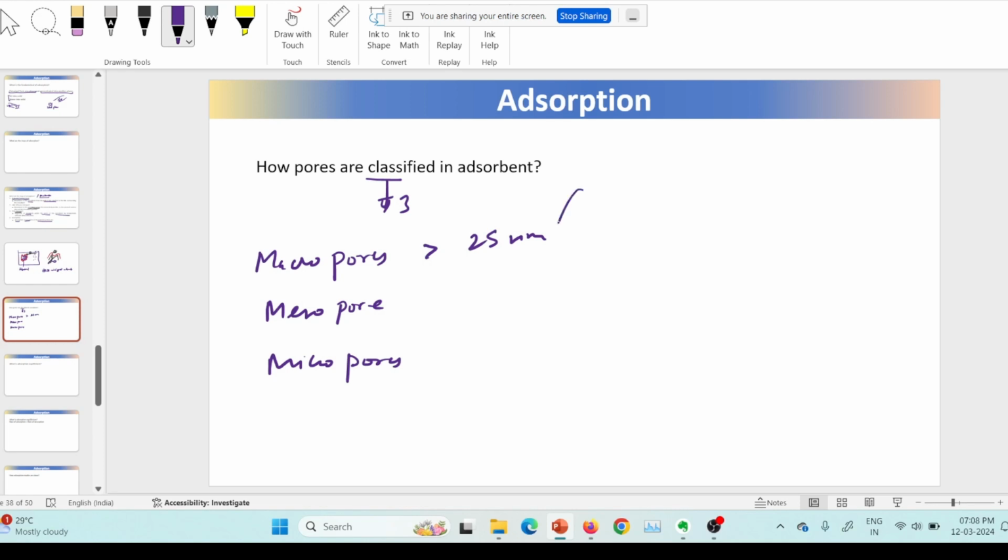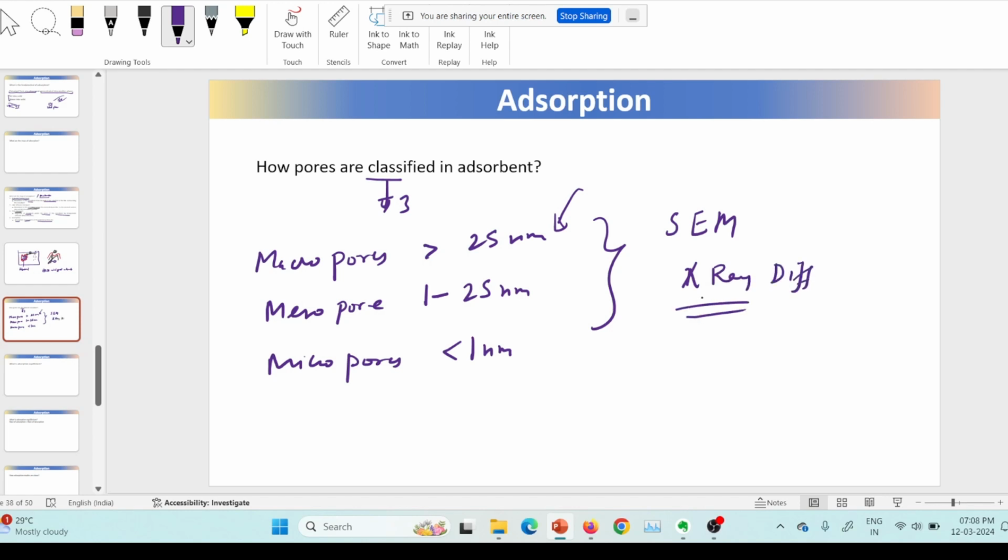Different books have specified slightly different ranges, but somewhat similar sizes. Mesopores are 1 to 25 nanometer, and micropores have size less than 1 nanometer. These pores we can check through scanning electron microscope and X-ray diffraction also. Through this we can check the size of pores.